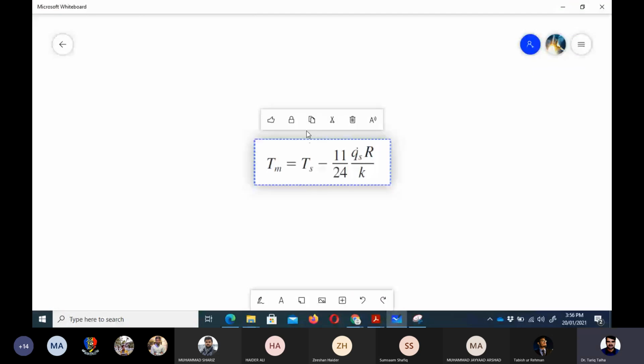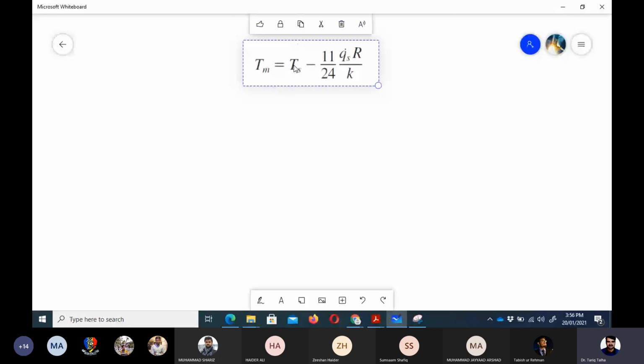So we have got Tm is equal to Ts minus 11 by 24 q dot s r upon k.